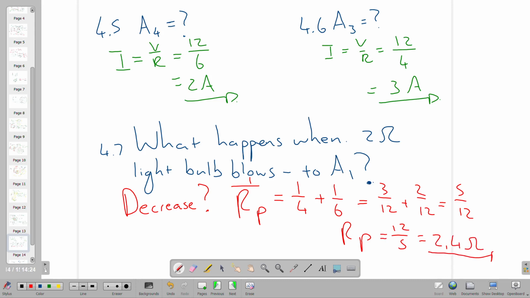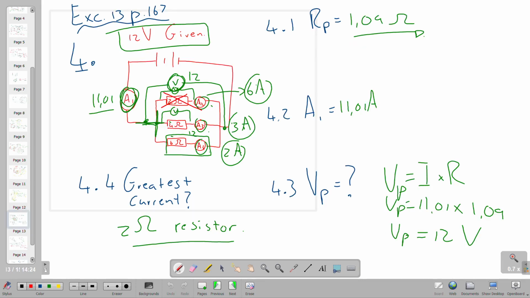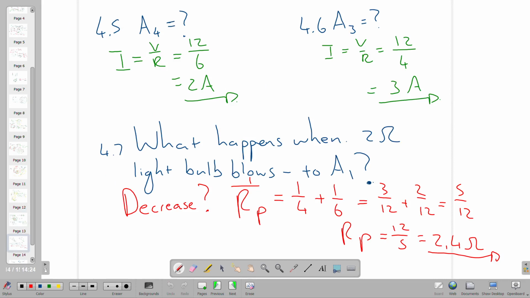Let's quickly take a look at the previous one. We calculated it as 1,09 ohm. Now it's increased to 2,4 ohm. So taking a resistor away has actually increased the resistance. This happens when you take a resistor out of parallel.